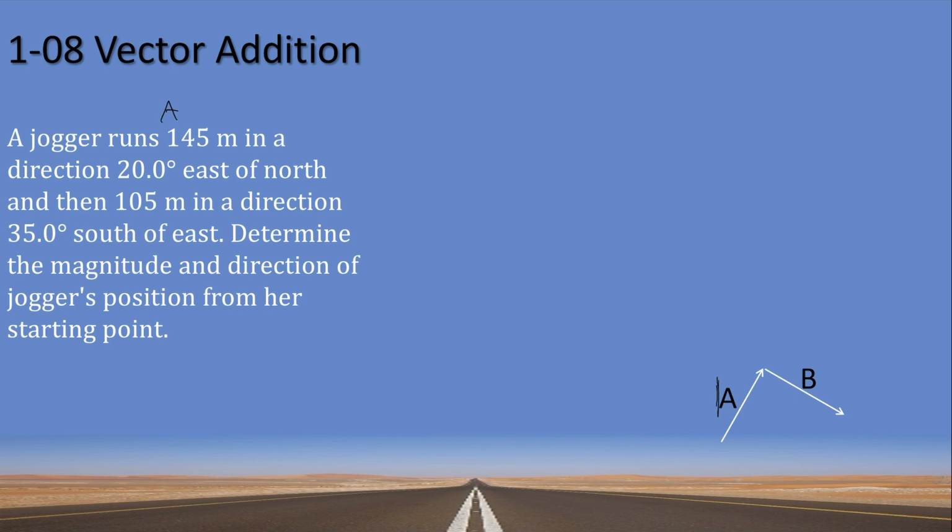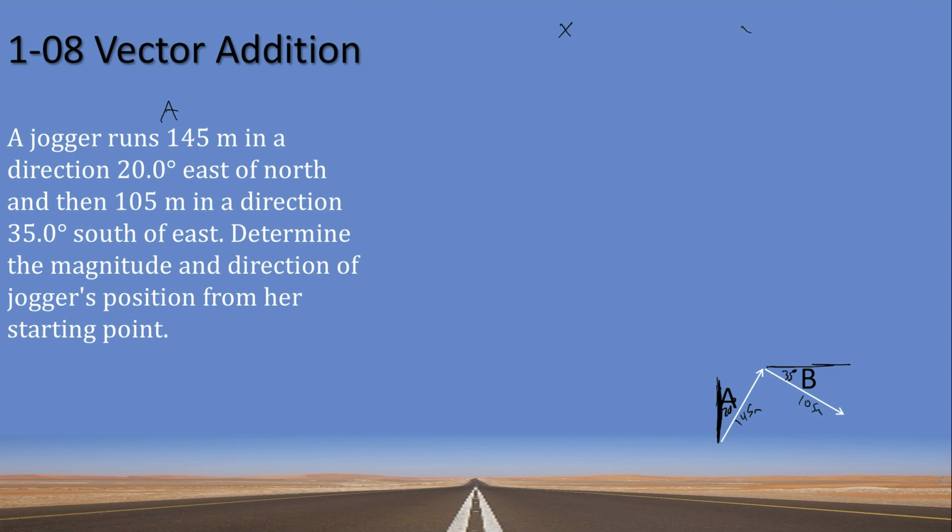Well, here's north, up and down. We went east of that, so we went towards the right, 20 degrees. And its length was 145 meters. Vector B is 35 degrees south of east, so from the east going south. And its length was 105 meters.